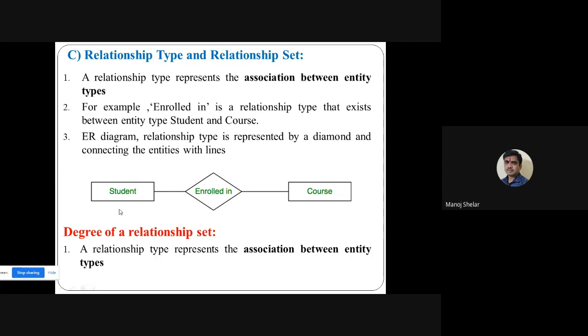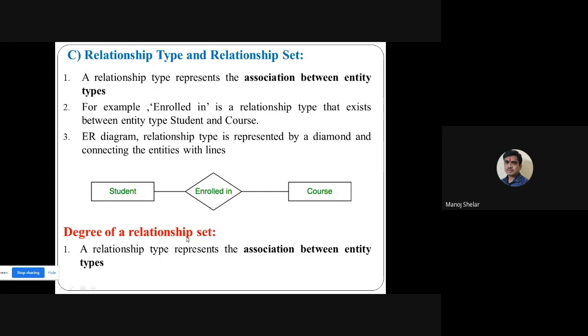Student is one entity and course is one entity, and we use the relationship enroll in. This relationship is denoted by a diamond, and an entity is represented by a rectangle.